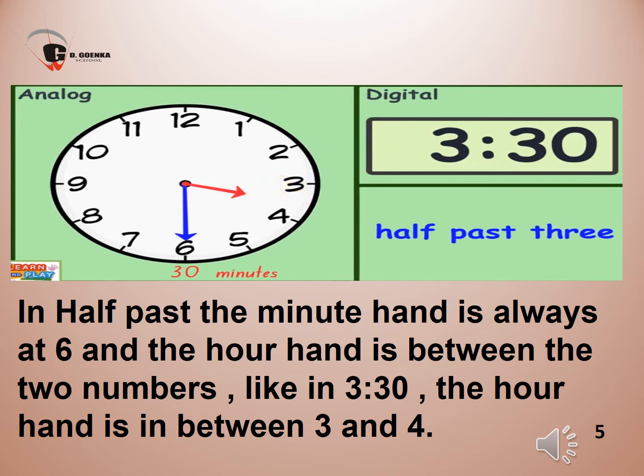As shown in the above example, the minute hand is at 6, which means 30 minutes, and our hour hand is between the number 3 and 4. So, the time is half past 3, or in digital clock it says 3:30.